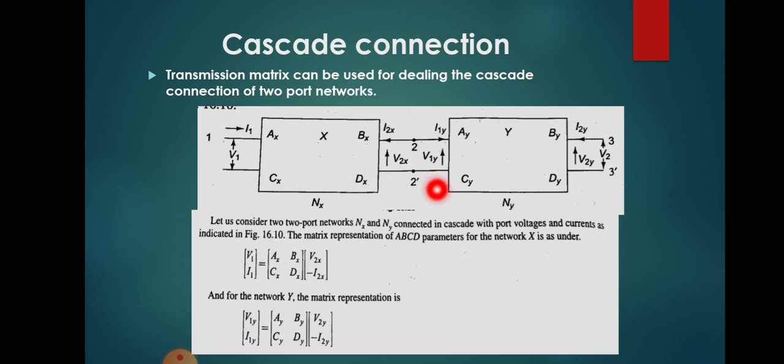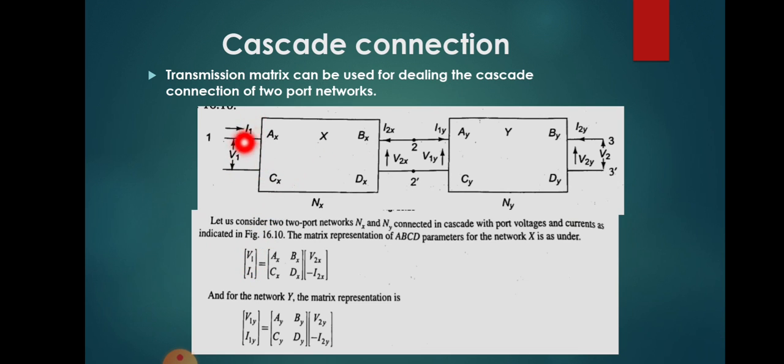Next we have to find out what will happen to the transmission matrix for this complete cascade connection. So we can represent the first network X in matrix form in terms of the transmission matrix.